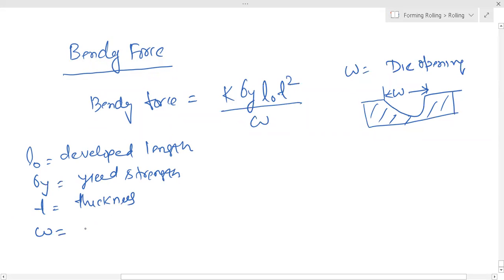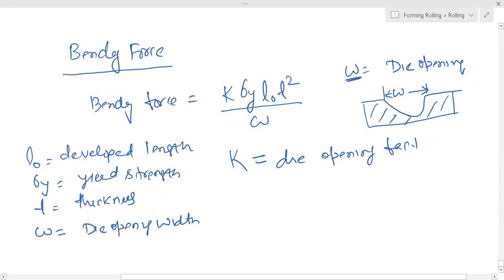W is the die opening width, W stands for width. And K is another constant, K dash, I am writing. K is a different constant, that is called the die opening factor.